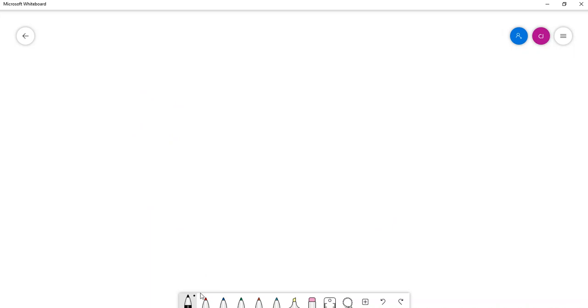But this will work also. So what I want to do is switch over to my drawing tablet, which I'm still getting used to. My writing's not that great as it is, and this doesn't help.